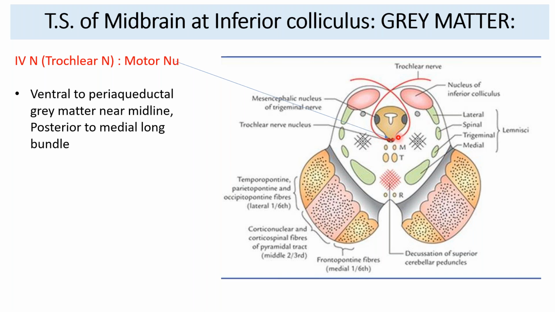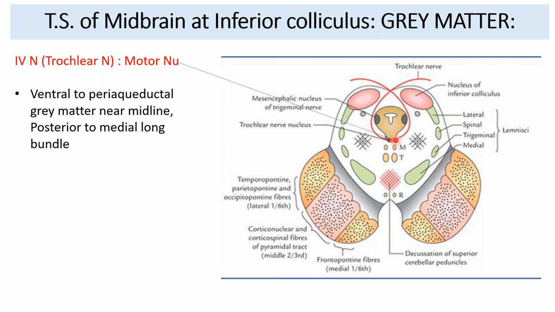If you see the position of the trochlear nerve nucleus, it is ventral to the periaqueductal gray matter, in the midline, and posterior to the medial longitudinal bundle. If you look carefully over here, you can see the nerve fiber of the trochlear nerve, how it is decussating at the level of the superior medullary velum.